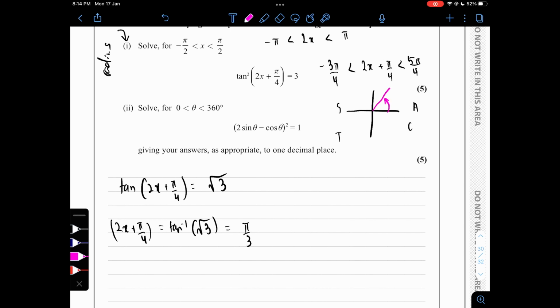Then we keep on going, we get the second solution, until we are at 5π/4, just below it. So this is 2π or 0, this is π/2, this is π, this is 3π/2.